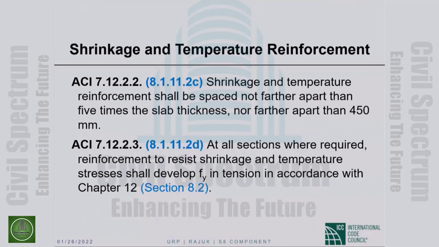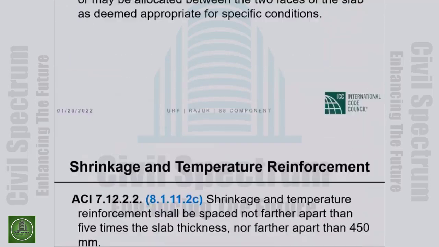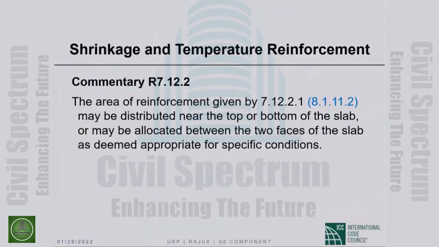Now, having said that, I probably overdid it. Nobody in his senses would put the shrinkage reinforcement in the middle of a thick slab. Then it doesn't do you any good. It has to be near the surfaces. Shrinkage starts at the surface.